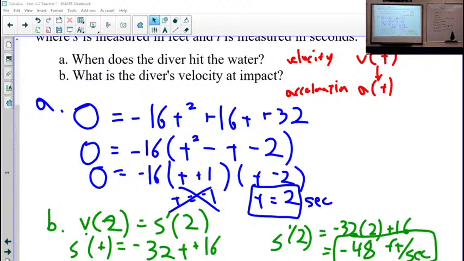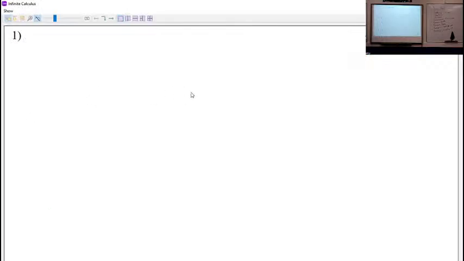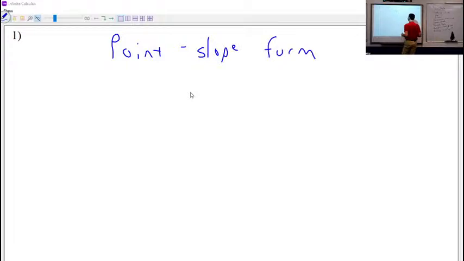Next page in the notes. Point slope form. Anyone know what it is?